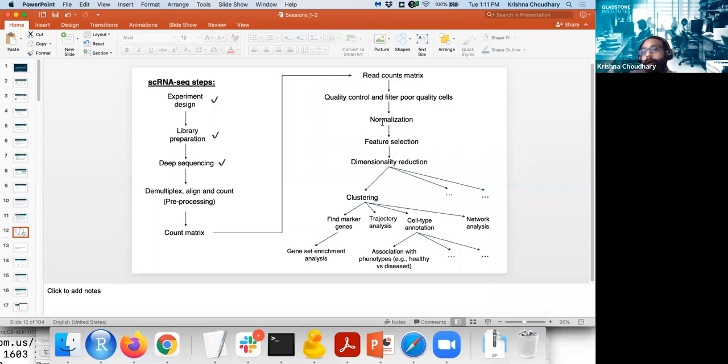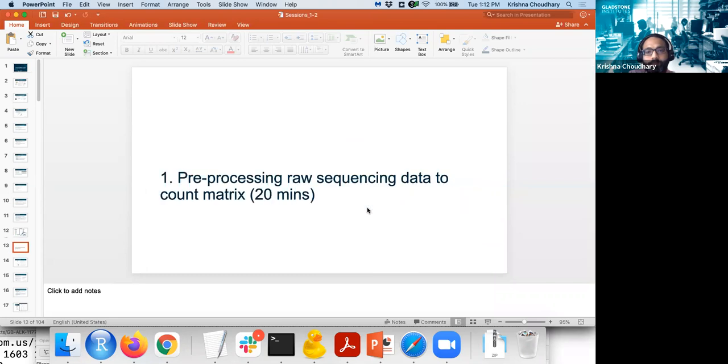Then the raw counts are not normalized, in the sense that we cannot compare the raw counts for a gene in one cell with the raw counts in another cell directly without normalization, because the raw counts depend on the sequencing depth for each cell, or the total number of molecules observed in a cell, which can vary from cell to cell. So there is a need for normalization, and then we will pick up our discussion on feature selection and dimensionality reduction and the other things.